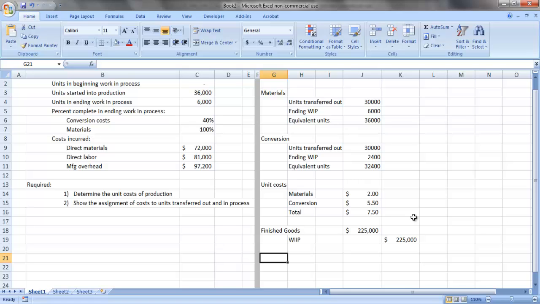For the units that are still in process, we would be showing the materials and conversion costs that were assigned at the beginning of the production process. So we have costs from raw materials inventory to work in process for the total of our direct materials costs of $72,000.